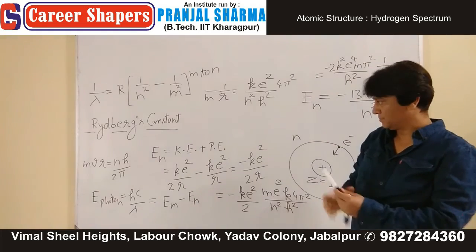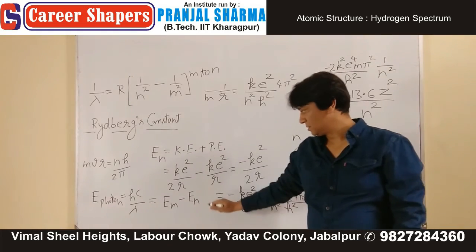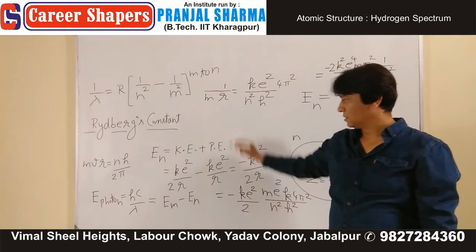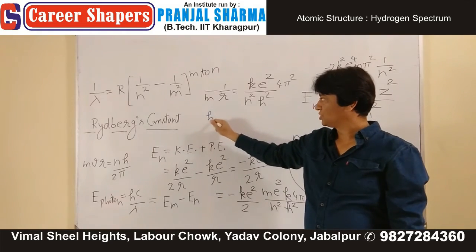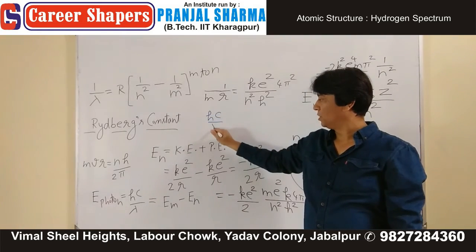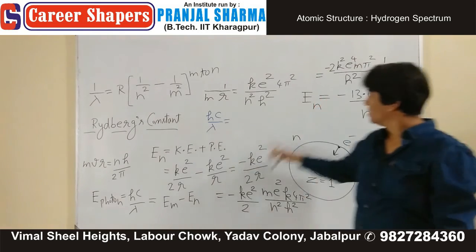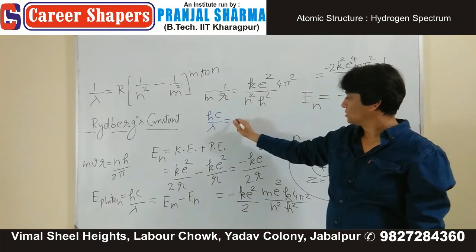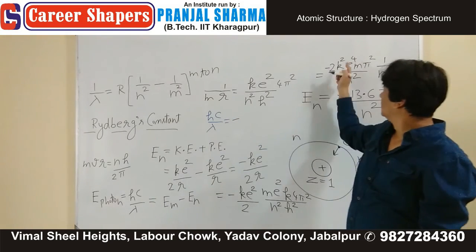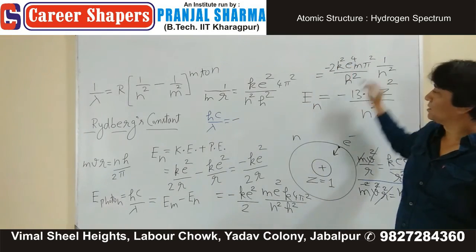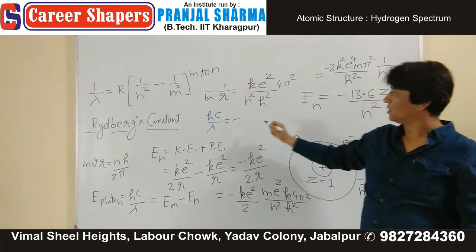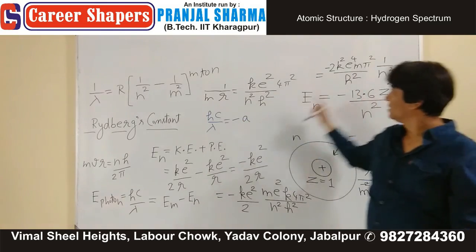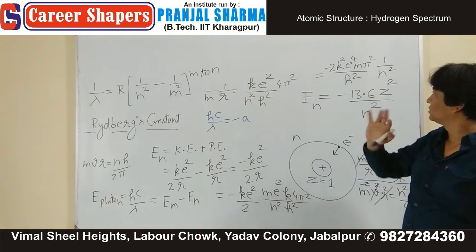So once you write Em minus En, this is giving us hc upon λ equals Em, the whole thing, minus this constant. For the time being, let's call this constant A. This whole thing, let's call it A just for the time being.